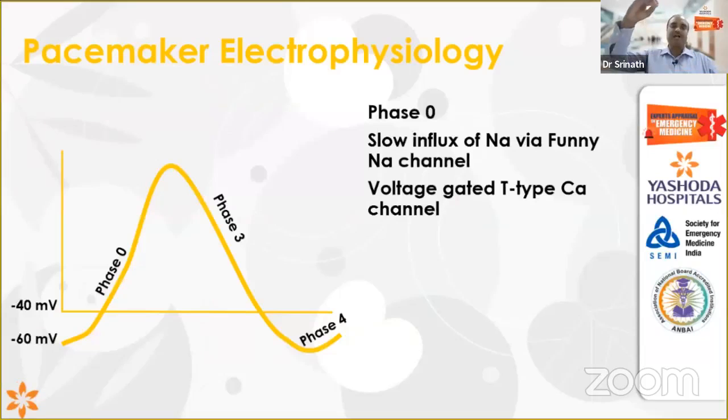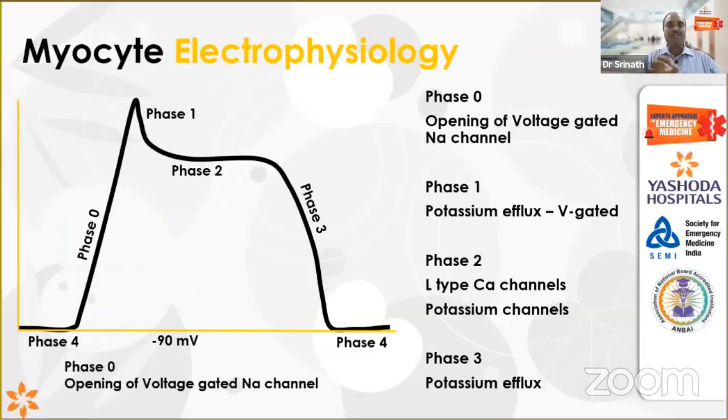Now, what is myocyte electrophysiology? This is what is important for you and me. Phase 0 is the opening of the voltage-gated sodium channel. So when the sodium channel is opened up, you see phase 0. Then phase 1, just a tip, is because of the potassium efflux, where the voltage gate is opened up.